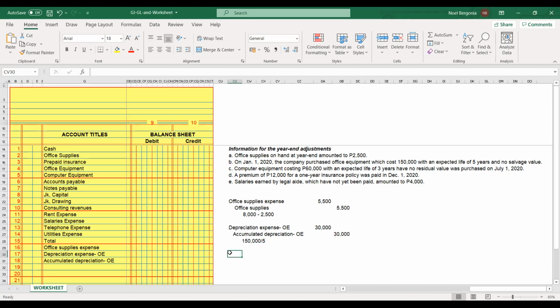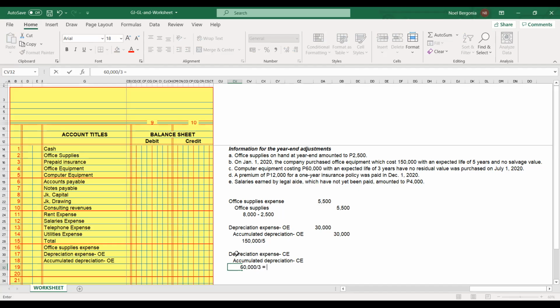So with regards to our adjusting entry, debit depreciation expense pa rin. Okay? Ngayon naman CE kasi computer equipment, and then credit accumulated depreciation, CE. Magkano kaya yung ating adjusting entry? So the cost was 60,000. And then 'di ba wala namang salvage value, so wala tayong ma-minus, divide lang natin ng 3.